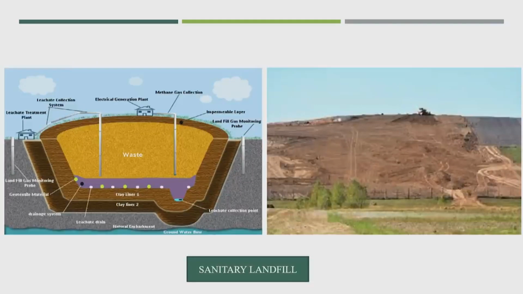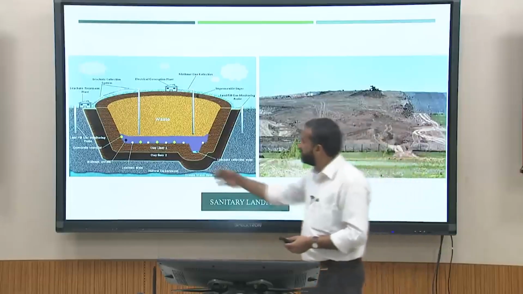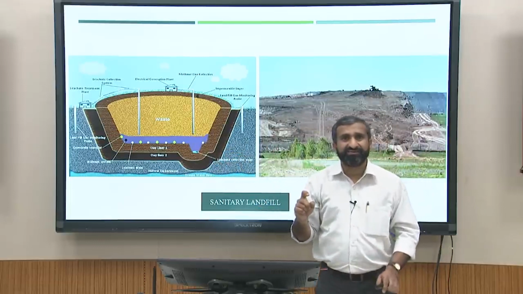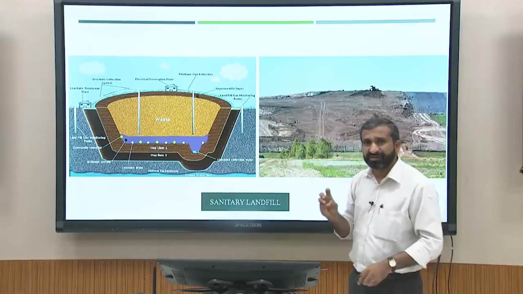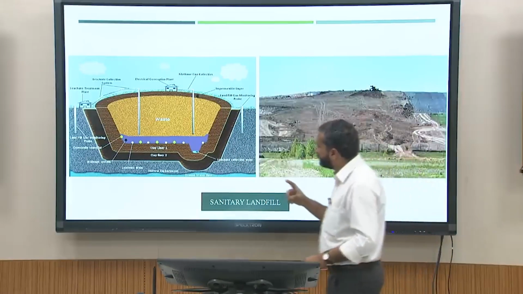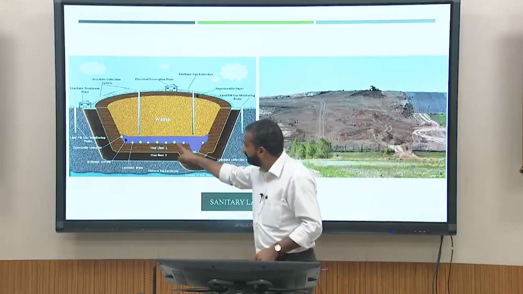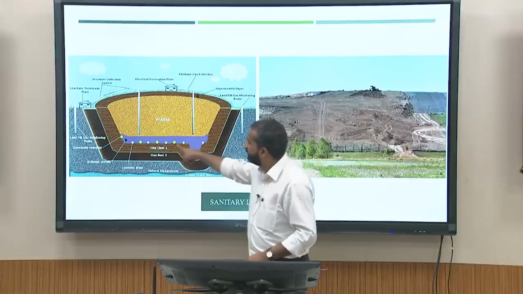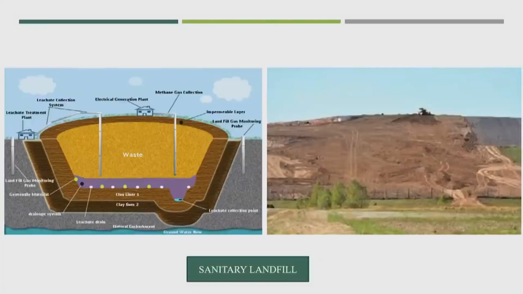So, normally we propose a sanitary landfill. Once we have proper segregation, in a sanitary landfill the waste is disposed of, and there are two major issues with the landfill area: one is leachate production, the other is polluted gas production. Leachate is properly collected, having a clay liner at the bottom, and is collected and treated properly.